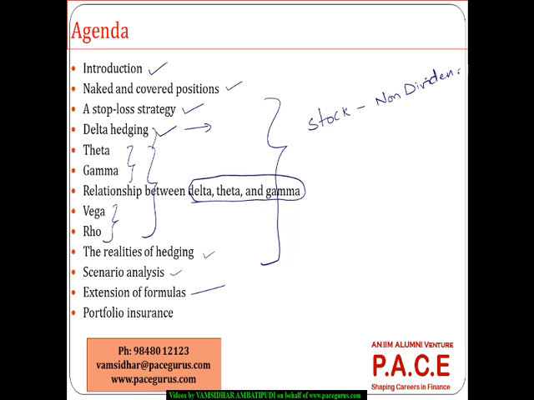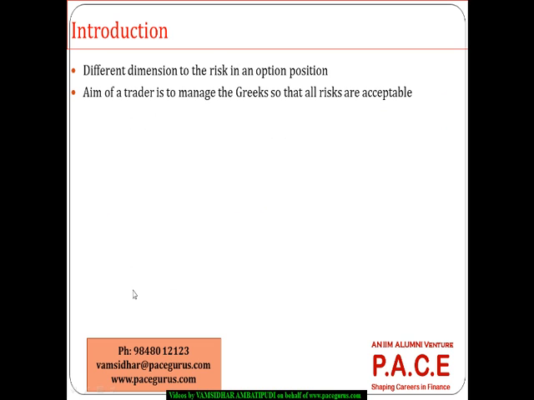We'll compute different kinds of Greeks for the stocks which are non-dividend paying. Now if I have to extend that to the stocks which are dividend paying or to the currencies, what is the kind of an extension that I can look at? And finally we will discuss about the concept of portfolio insurance. So these are the different topics that we are taking up in this session.